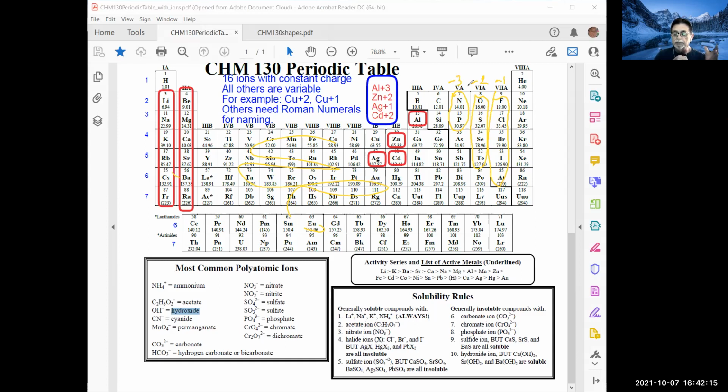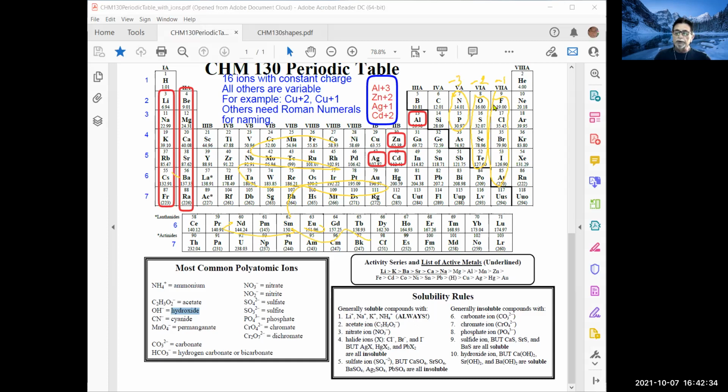Be it in an ionic compound or covalent compound, it'll be the same, all right? So you have that number of nonmetals and 16 metals you know 100% of the time, and that means that all these other guys vary.